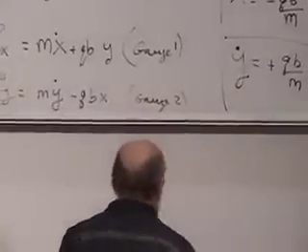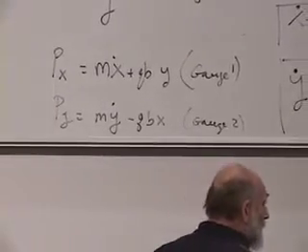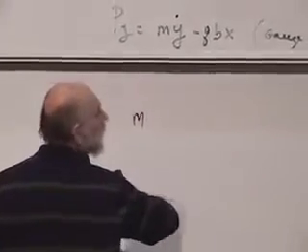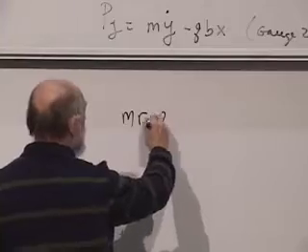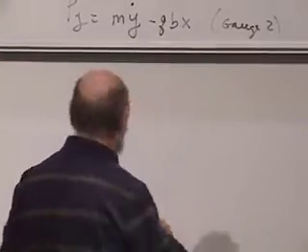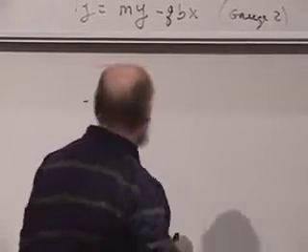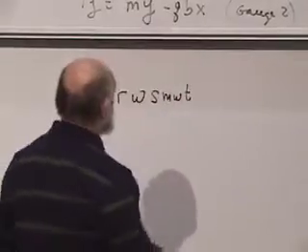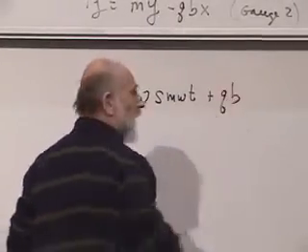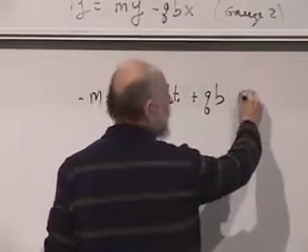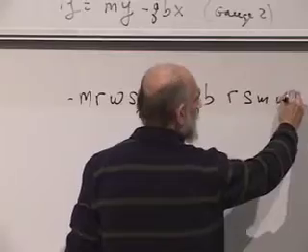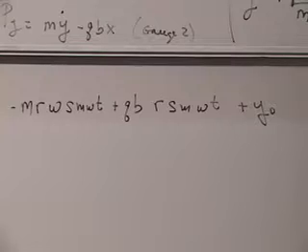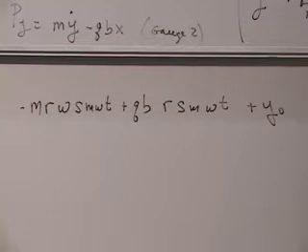Okay, m x dot is m times r omega times minus r omega sine omega t, plus qby. What is y? It's r sine omega t plus y naught, right? That's px.